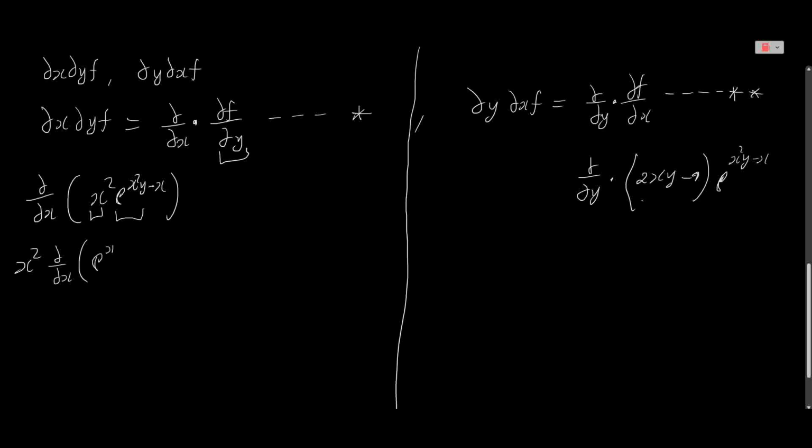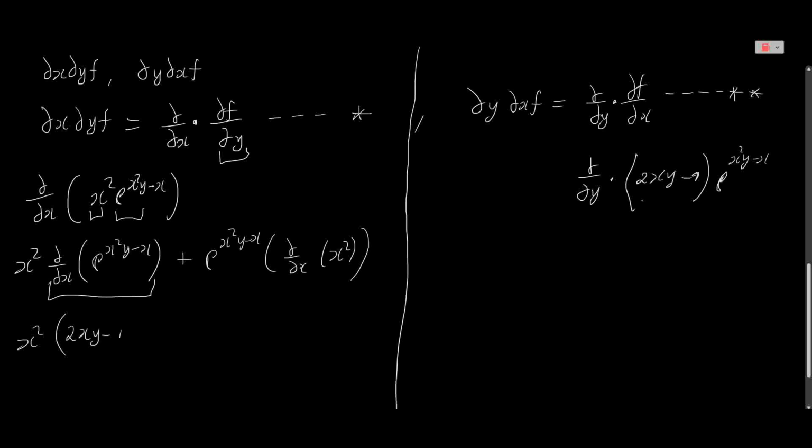So it will be x squared e raised to the power x squared y minus x, then plus we consider e raised to the power x squared y minus x constant and differentiate x squared. We notice that this derivative, we already calculated it from above, so you don't need to repeat yourself. You simply copy the same result if you are 100% sure of your solution.